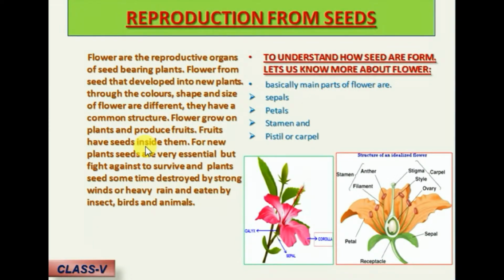For a new plant, seeds are very essential, but they must fight to survive. Plant seeds are sometimes destroyed by strong winds or heavy rains, and eaten by insects, birds and animals.